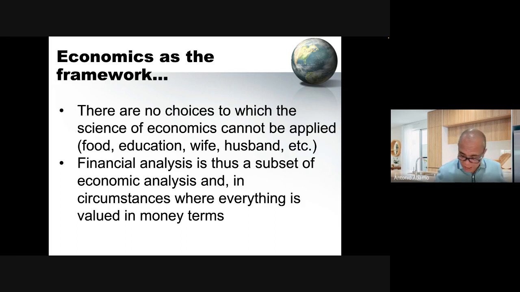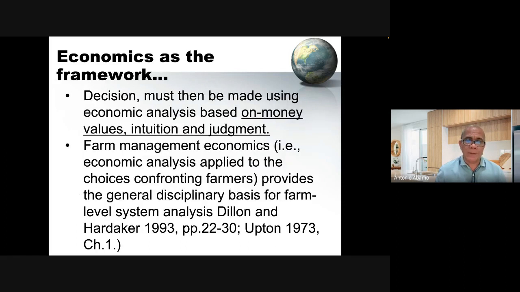But you cannot monetize life. So effectiveness, appropriateness, that is what welfare is also all about. Now, as we have said, with economics as the decision framework, decisions must be made using economic analysis based on money, values, intuition, and judgment.